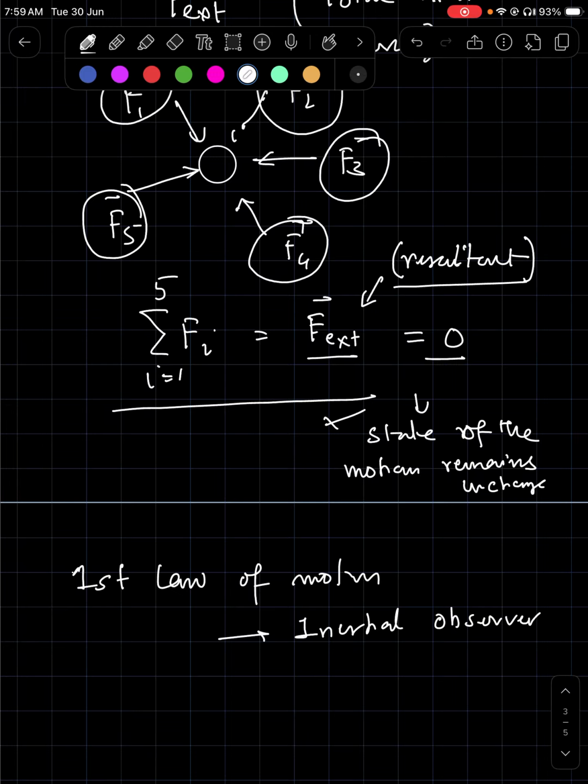This is the first thing we have to remember. Also remember, if you can write the equation as observed by the inertial observer, the problem is solved 99%. You do not have to bring the pseudo force or other forces into the picture. That is why I am telling this in this lecture. Bring the inertial observer into the picture, and that will solve your problem very easily.